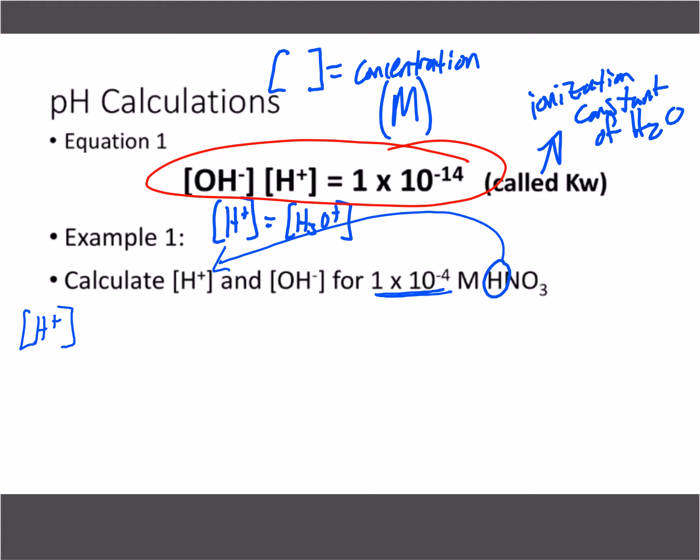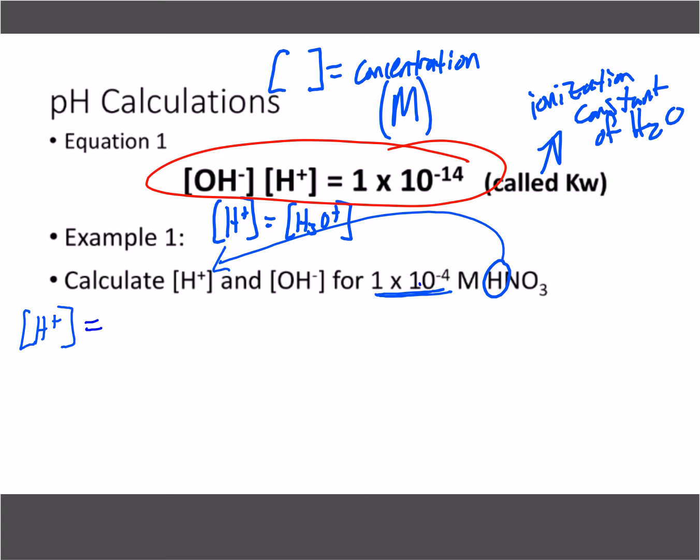What is our concentration of hydrogen ion going to be here, do you think? This is what Briley was talking about, looking at the ratio of hydrogen. How many hydrogen ions do we have in this formula? 1. So if we have 1, whatever your concentration here is what it's going to be. Remember the video yesterday: if you saw OH2, you had to multiply that molarity by the 2 ions.